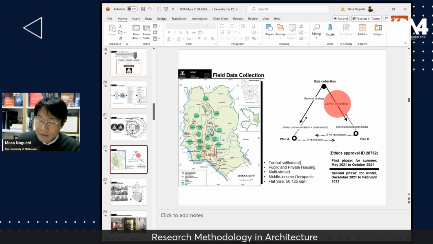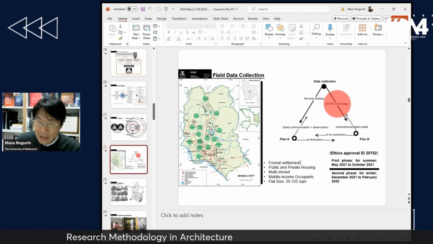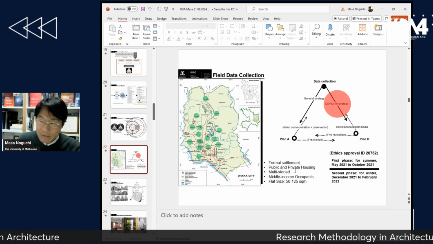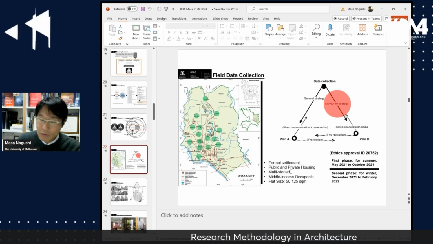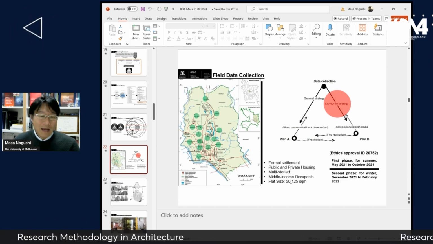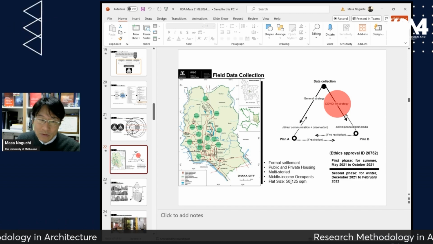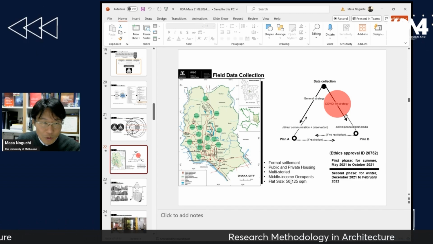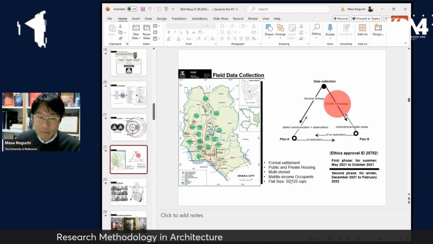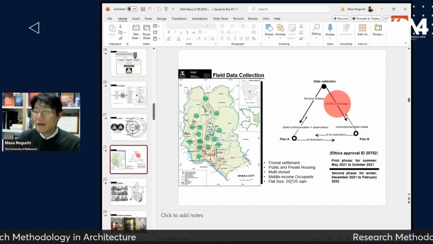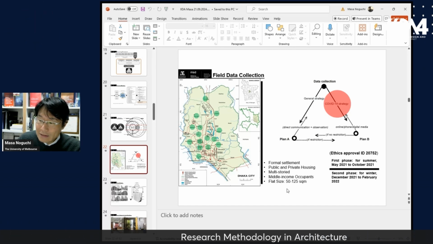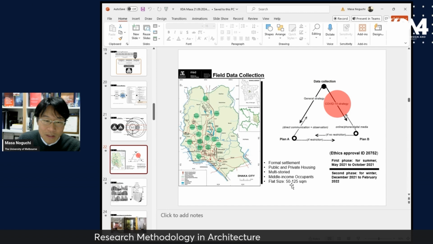Formal settlement, not illegal settlement. He doesn't touch upon illegal settlement. It's formal settlement, public and private housing, multi-story buildings, and middle income occupants, not high income or low income, because, as I already showed before, the majority of people live in their urban context in middle income, and their size is between 50 and 125.